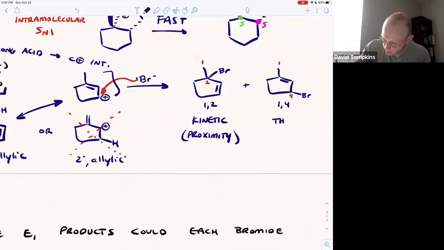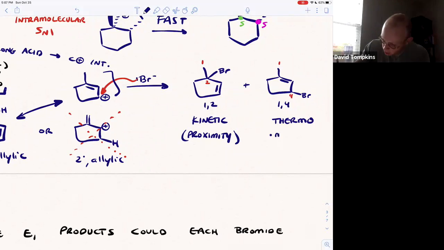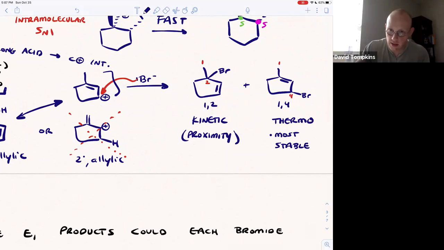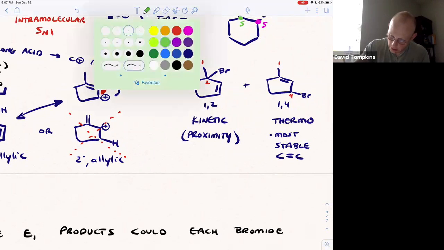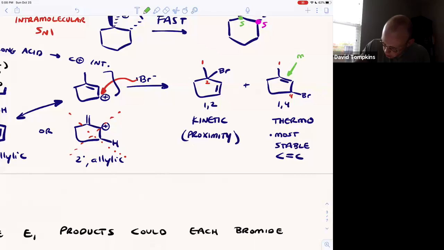The thermodynamic product in this case is the 1,4 product. It can be either, it depends on the diene as to which one it is. But the thermo product is the most stable product. And the functional group we look at to analyze stability is the alkene. The alkene is more substituted in this 1,4 product.